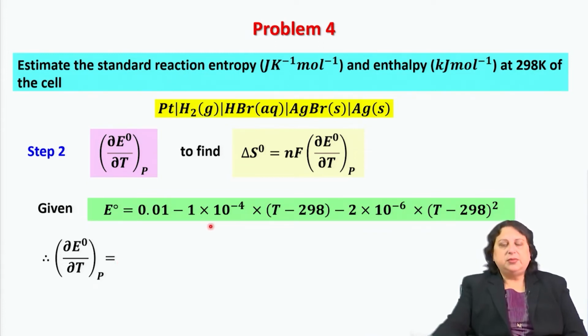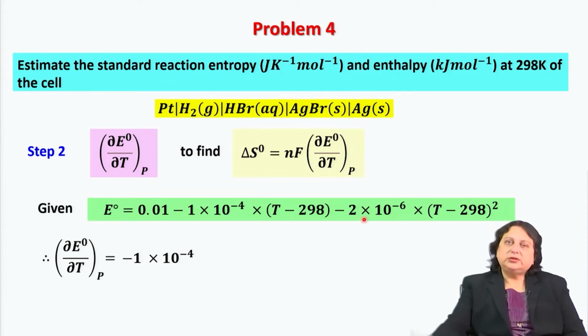The next term is dependent on temperature. It has a constant prefactor, negative sign, then T minus 298. So, if I take a temperature derivative of this term, I will be left with minus 1 into 10 to the power of minus 4, as the derivative of T minus 298 is equal to 1.